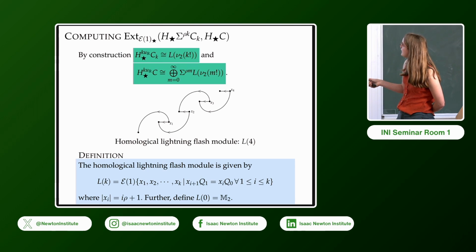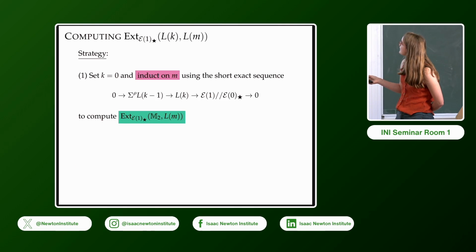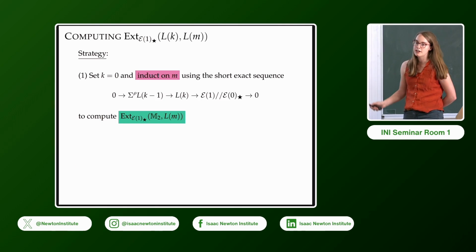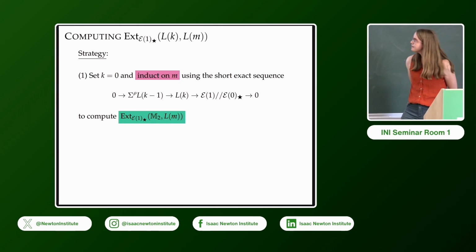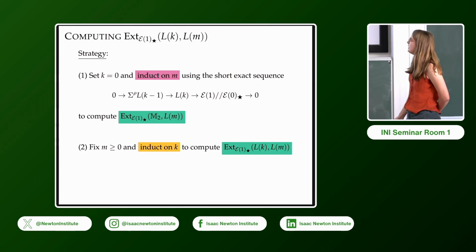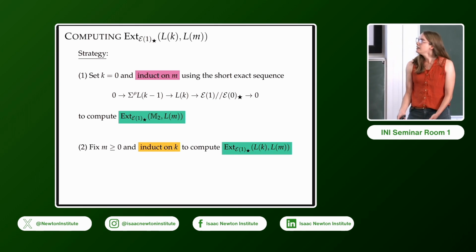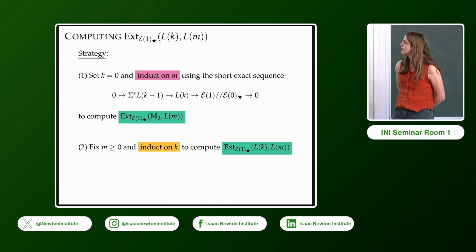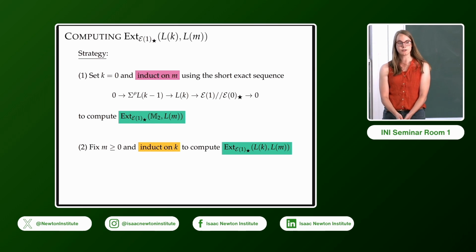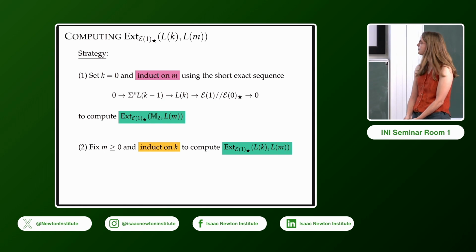And so we'd only have these 2 points left over with this one arc, and that's exactly what we see as our third term in the short exact sequence. And after doing that, then we'll fix m and induct on k to compute the Ext groups in general.